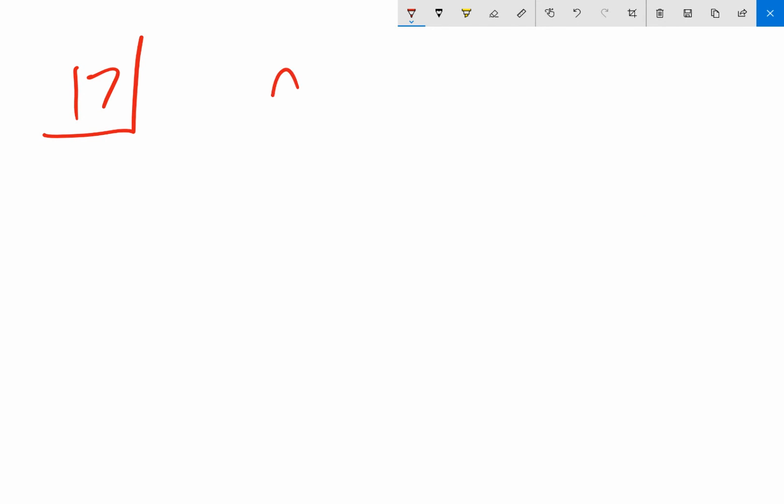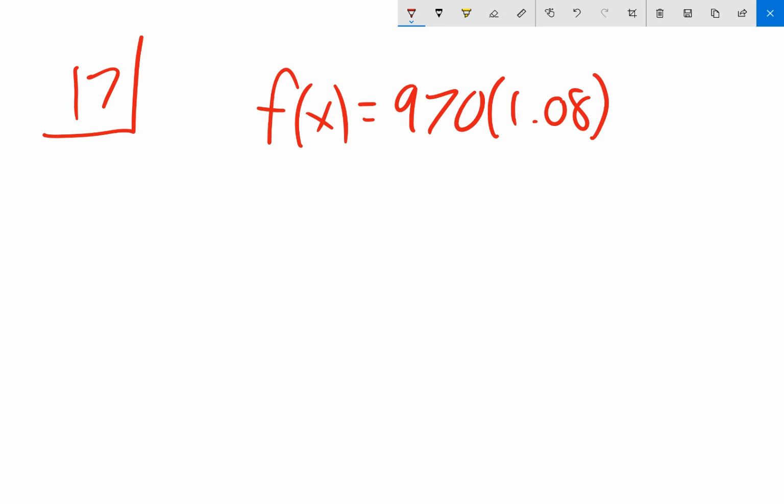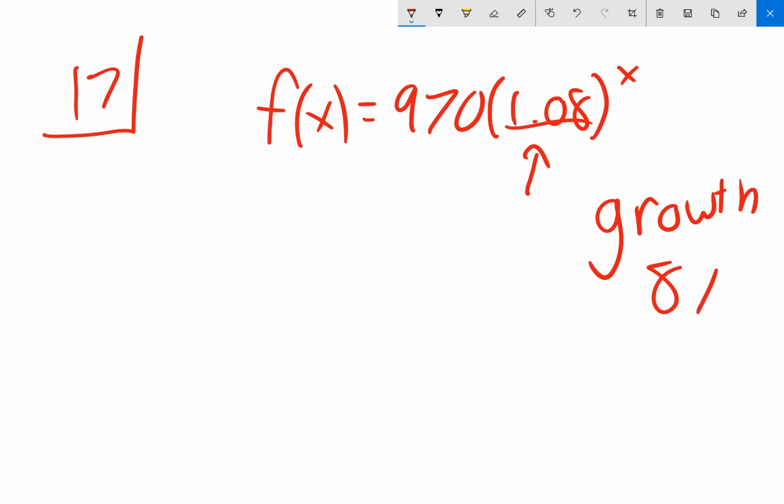Number 17, we have f of x equals 970 times 1.08 to the x power. So our b value is bigger than 1, so this is growth. Again, how much more than 1 is it? Well, if that's $1.08, $1.08 is 8 cents more than 1, therefore 8% growth.